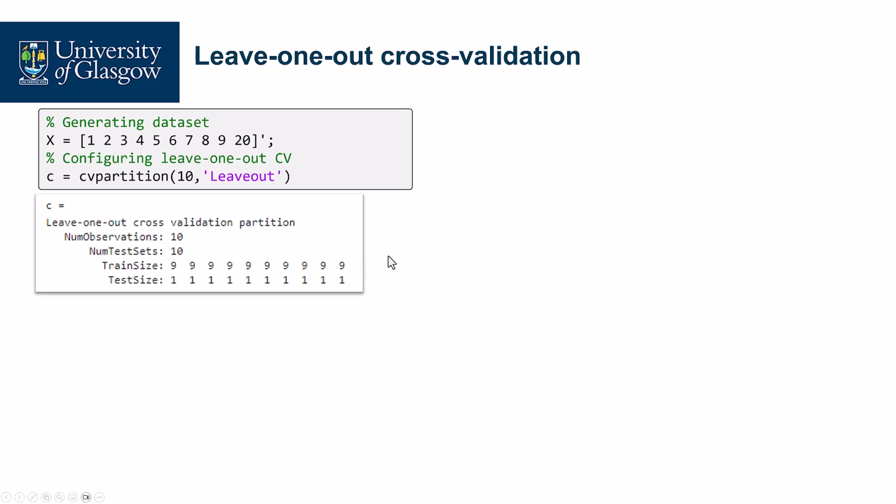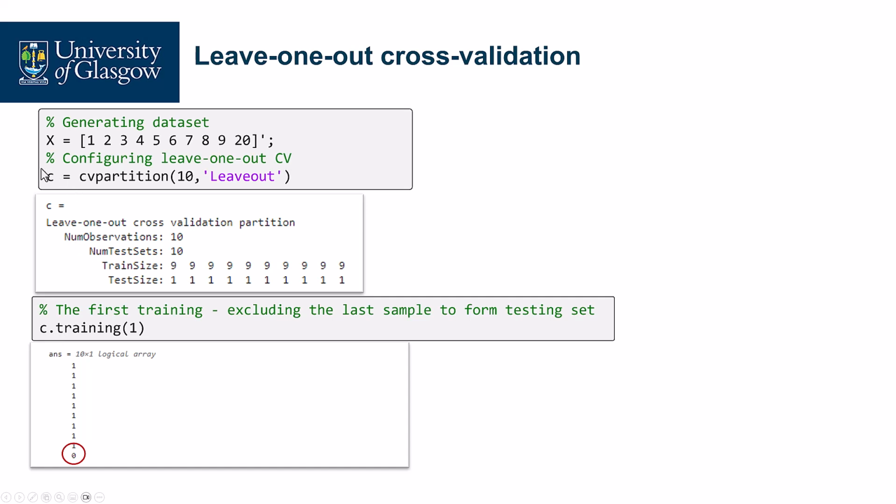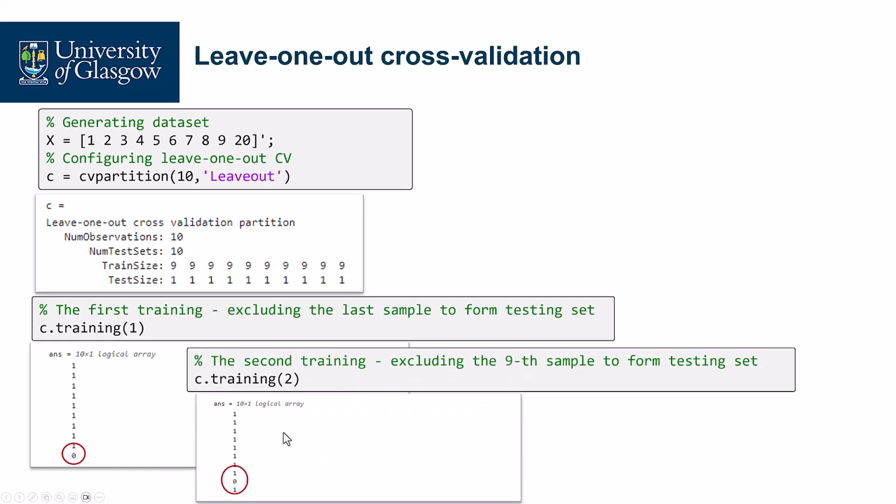So each time I use 9 samples to train, 1 sample to test. If we look in detail, for example, the first training set, it means the first ones I use for training, and the last one for test. And if I see the second one, the testing sample is here, right? More details you can see in the live script, and you can try it yourself.